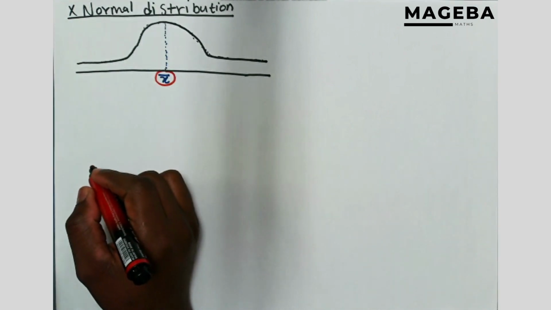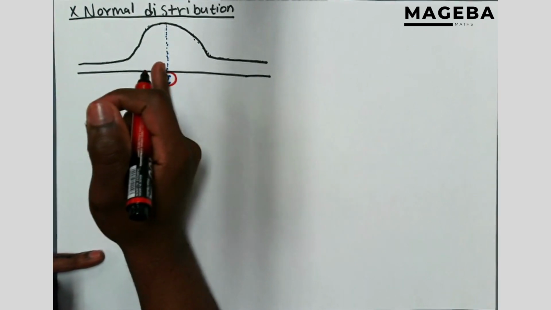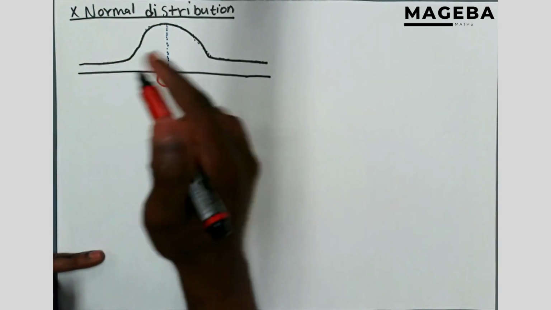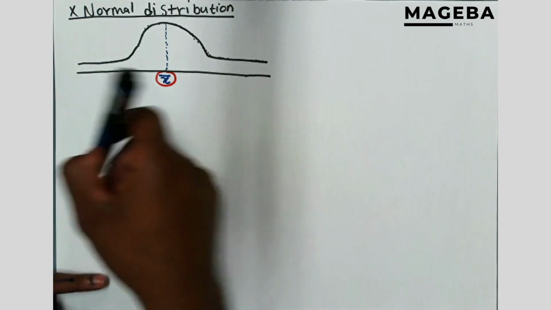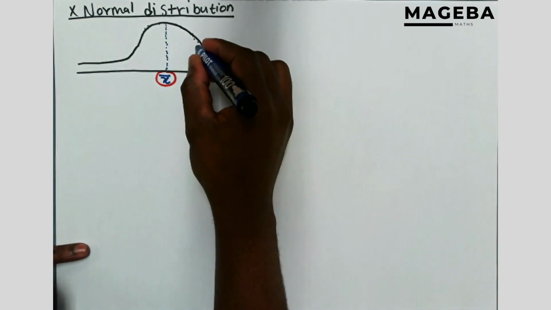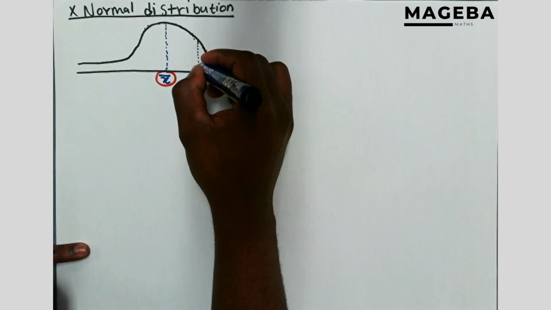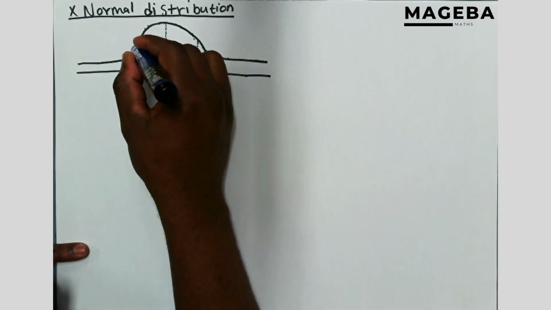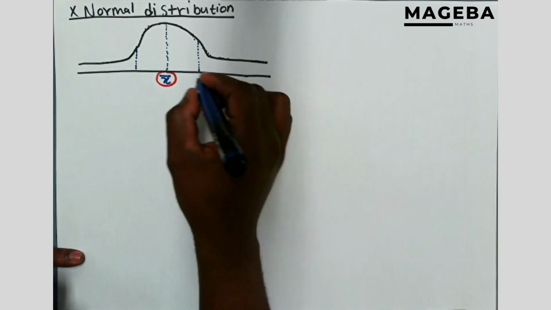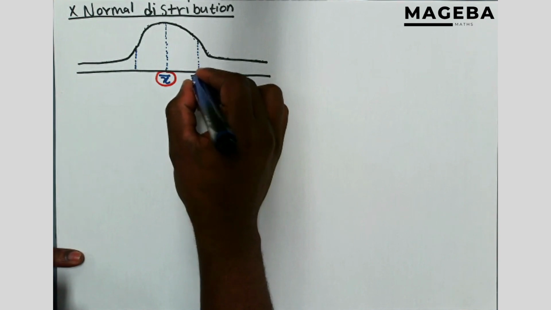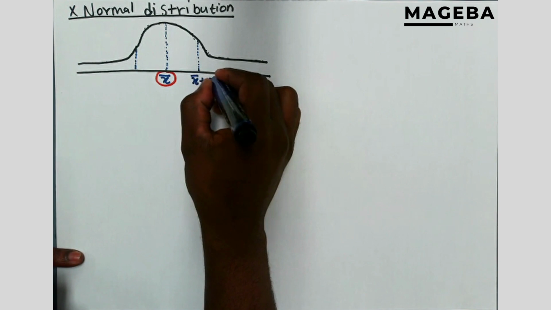Now from here, if I go this side and also to this side from my mean, this is a normal distribution. Separating it from this side and also from this side, now it's going to be my mean plus the standard deviation.